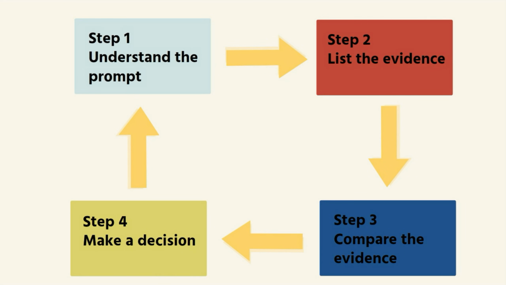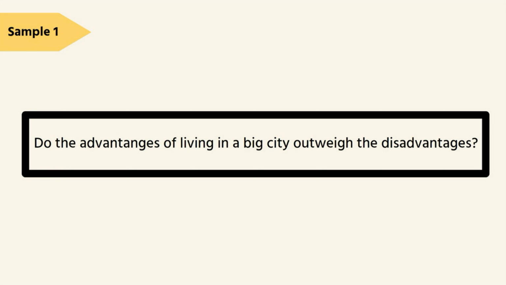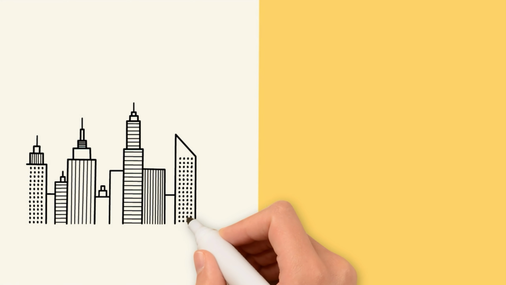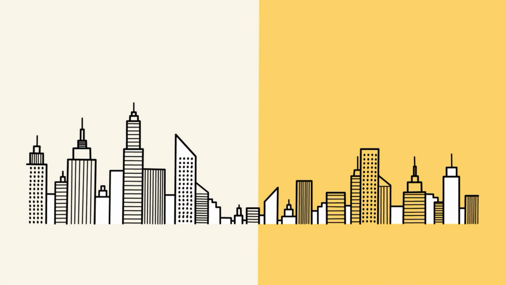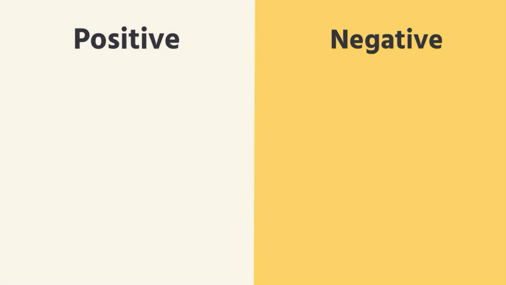Let's practice it with 2 more examples. Sample 1. Do the advantages of living in a big city outweigh the disadvantages? Step 1, understanding the prompt. This question is asking whether the positive aspects of living in a big city are more significant than the negative aspects. Second, list the supporting evidence.